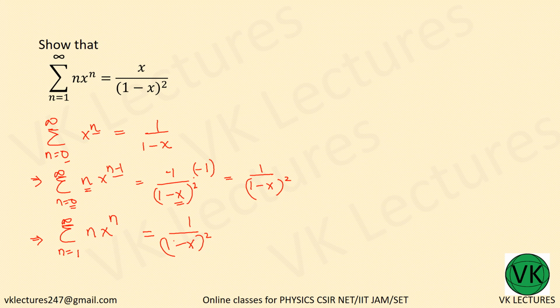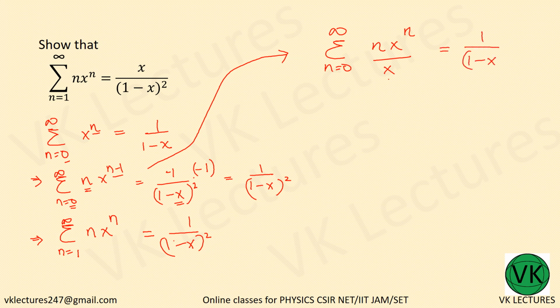Wait, let's see, I think here we have to make it the sum over n equal to 0 to infinity of n x to the power n divided by x, equal to 1 divided by 1 minus x whole square. I think this equation is fine.